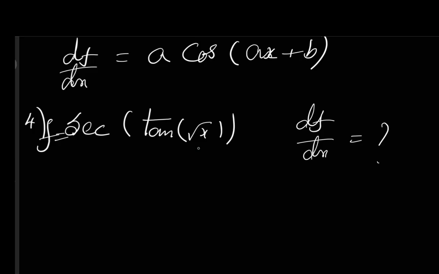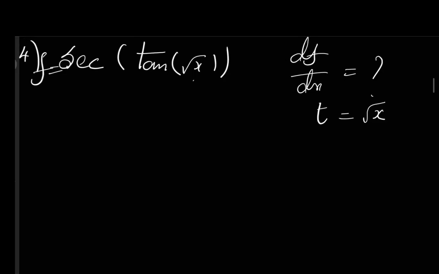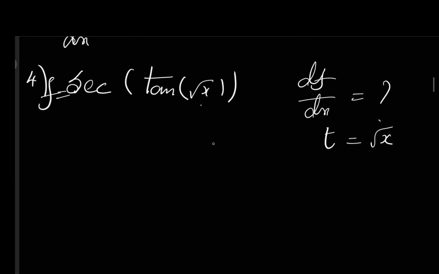First I make the substitution for tan root x. Take that as t. t is root x. So this tan root x becomes u.